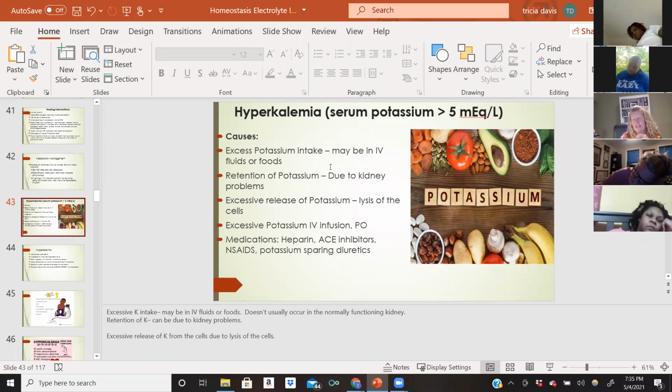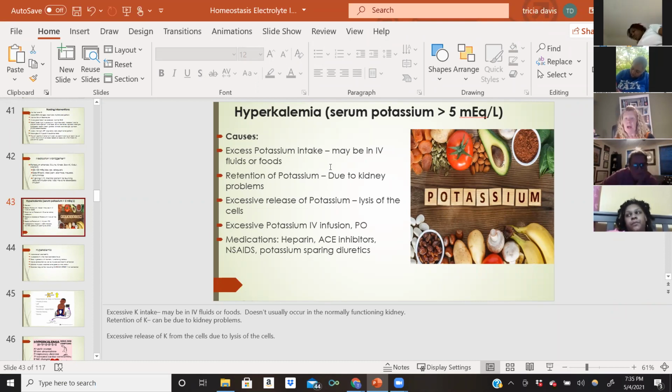Well, no salt is actually all potassium. So very commonly you will see patients with CHF have these high potassium levels because they are using this no salt all the time. Or we could be giving them IV fluids that have potassium in it.